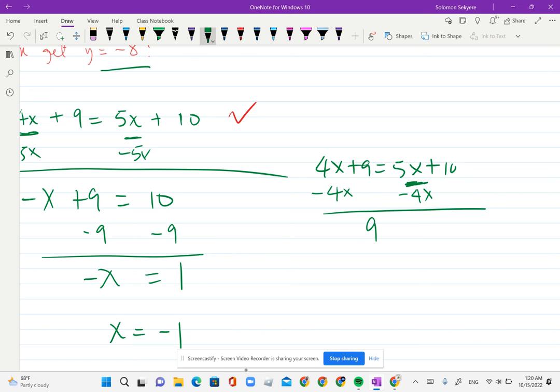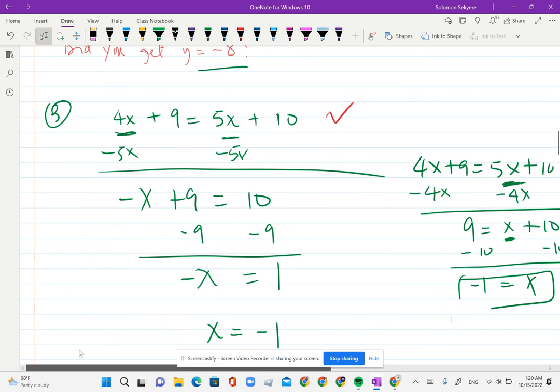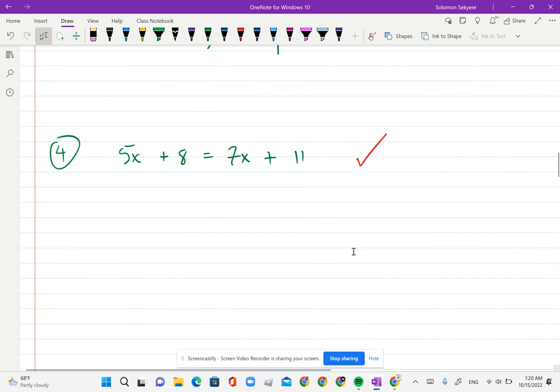And so you're going to have 9 equals 5x minus 4x, which is x. If you do that, underline your variable again. We want it by itself, so you need to move the 10. And then you have 9 minus 10 is negative 1 equals x. See that? And you're done. So follow the rules. Try number 4.